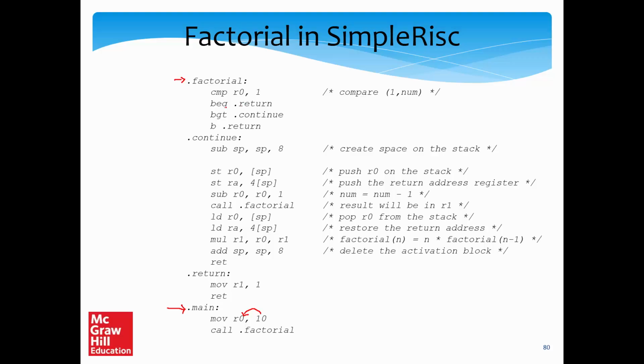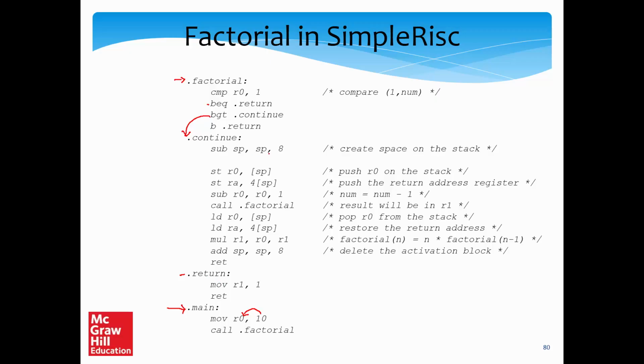And so we jump to the return point, which is over here. If R0 is greater than 1, then we need to do the recursion, so we jump to .continue. Otherwise, the only case that is remaining is R0 is less than 1. Then also we jump to the return label here.